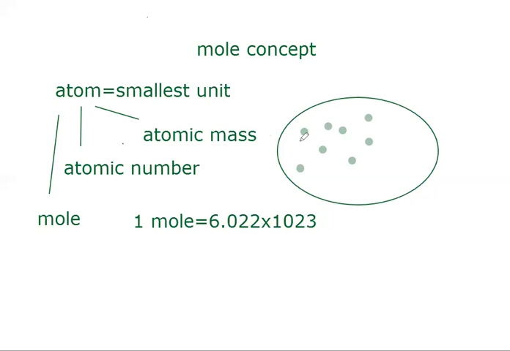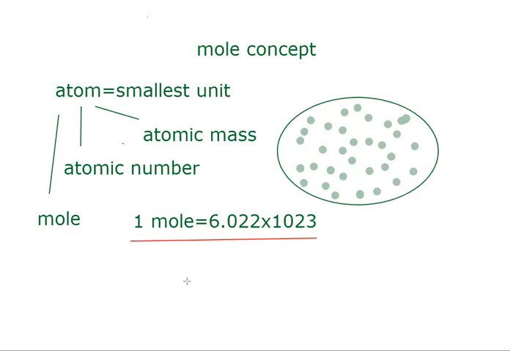According to the mole concept, every 1 mole of an atom consists of this specific number of particles which can't be changed. If you are considering 1 mole of hydrogen, it will consist of the same number of particles, and if you are considering 1 mole of oxygen, this number will not change.